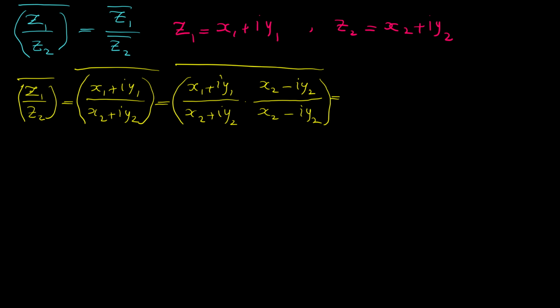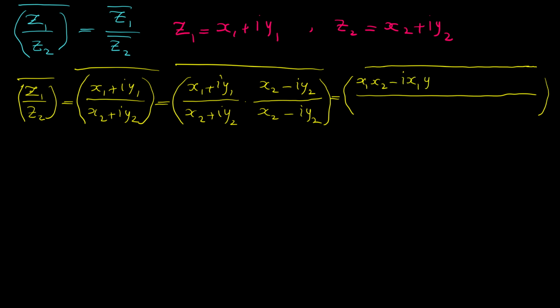Now we start multiplying numerator by numerator and denominator by denominator. For the numerator, if we multiply, we have x1 x2 minus x1 times i y2 would be minus i x1 y2, and then we have plus i x2 y1, or i y1 x2, the order of multiplication doesn't matter. And i y1 times negative i y2 would be plus y1 y2.